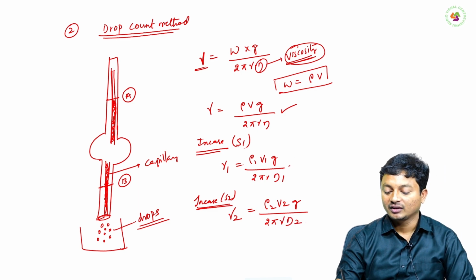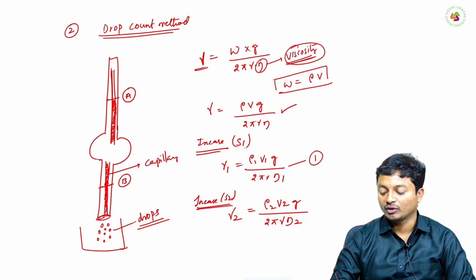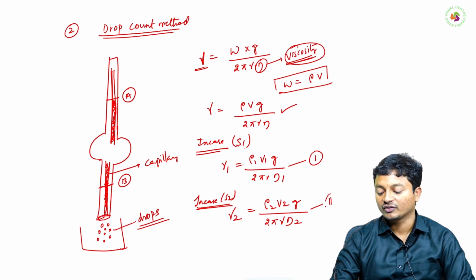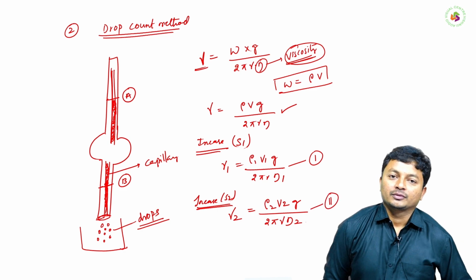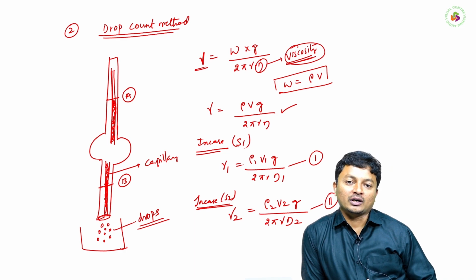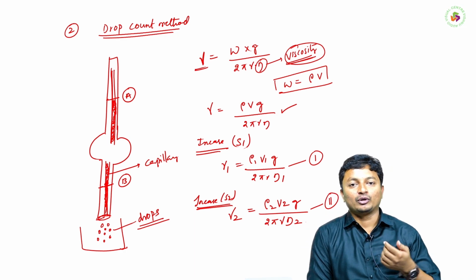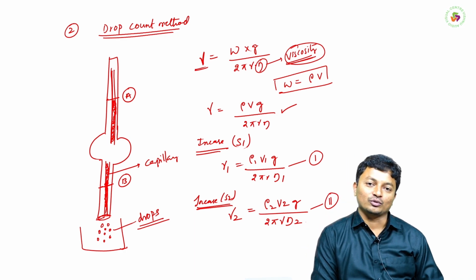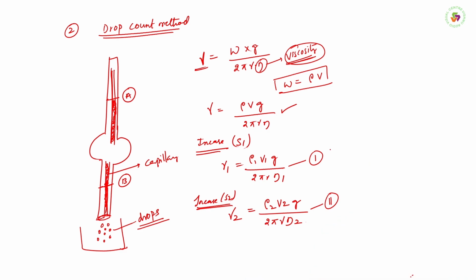Let us consider sample 1 as equation number 1, and sample 2 as equation number 2. Now we have two gamma values for sample 1 and sample 2. Now let us compare these two different samples. Here in case of sample 1, the volume, 2 pi R, and gravitational force will be constant.